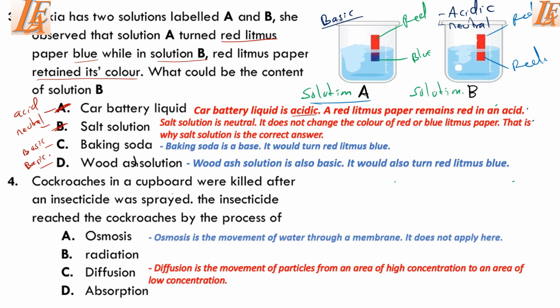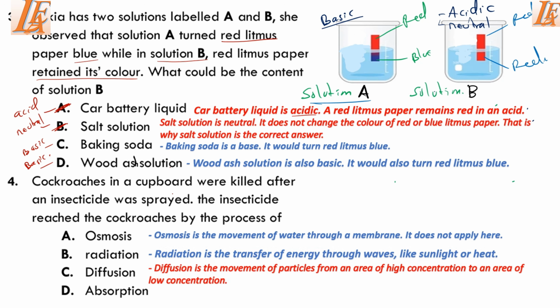Osmosis cannot be the answer because osmosis is the movement of water molecules from the region of high water concentration to a region of low water concentration. So A cannot be the answer. Then radiation. This one is a mode of heat transfer where energy moves in form of waves from the sun or from heat.